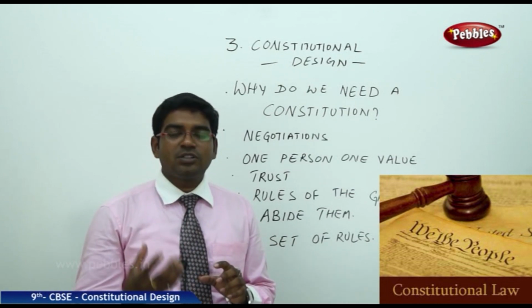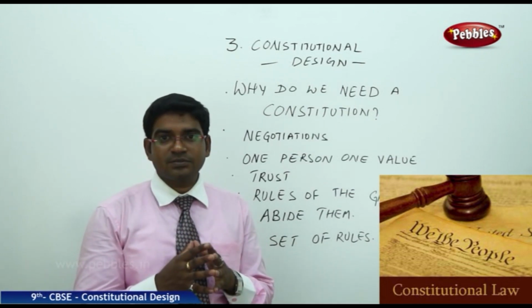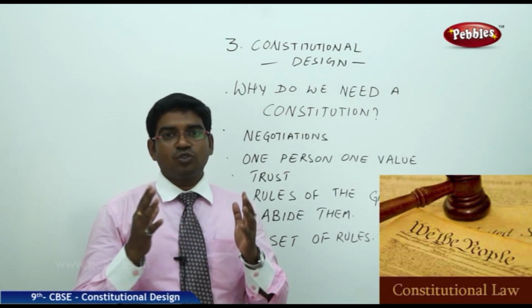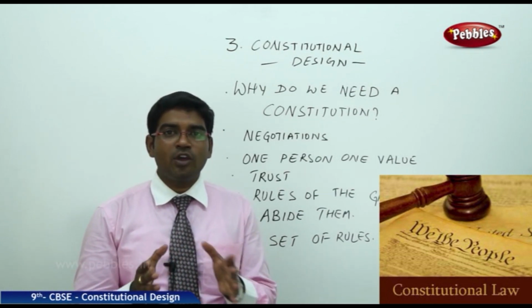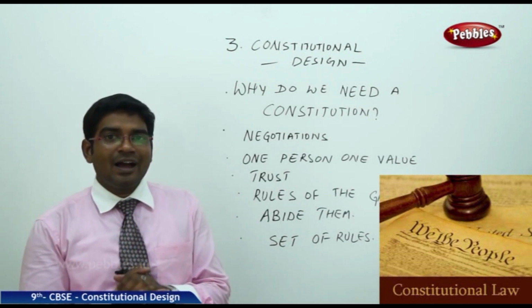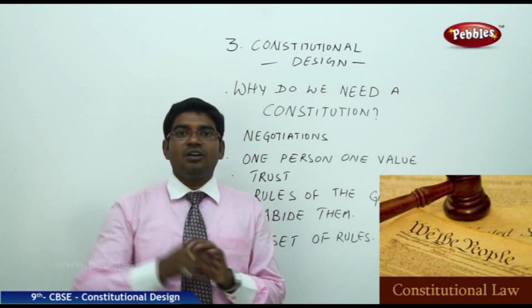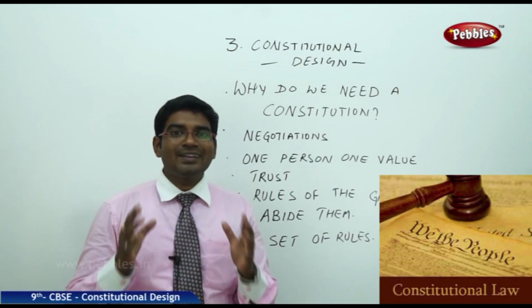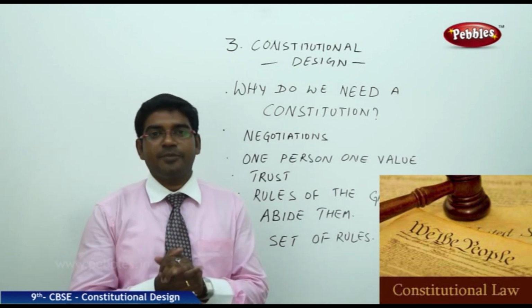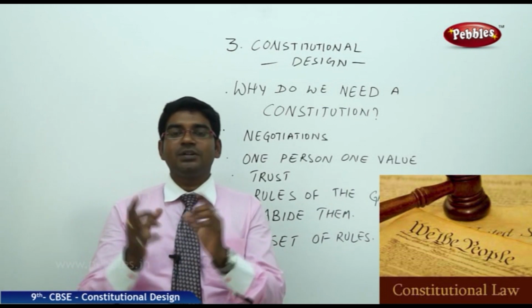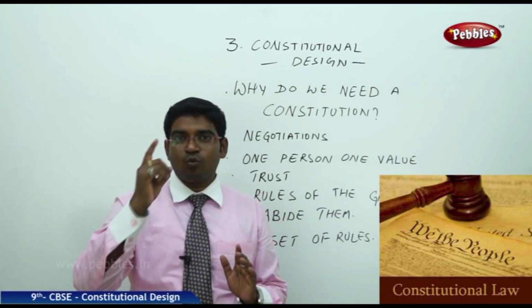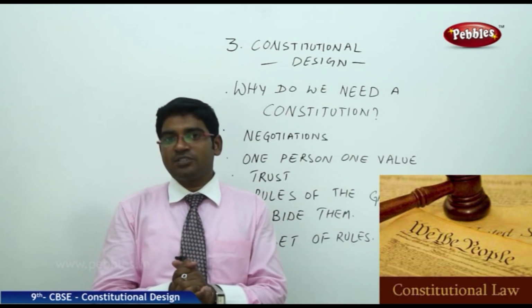The whites wanted to preserve their privileges and properties. So the fundamental question comes: whose idea has to be accepted? After thorough discussion and negotiations, finally the whites agreed to the principle of the majority, and one person, one value, one respect came into existence.